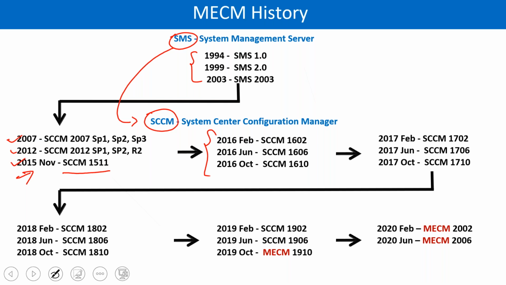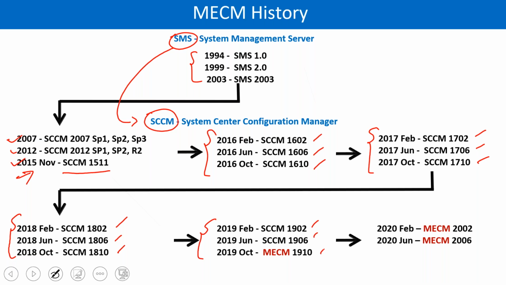These three versions were released in February, June, and October in the year 2016. These three versions, February, June, and October in the year 2017. These three in February, June, and October in the year 2018. These versions were released in the year 2019, February, June, and October.